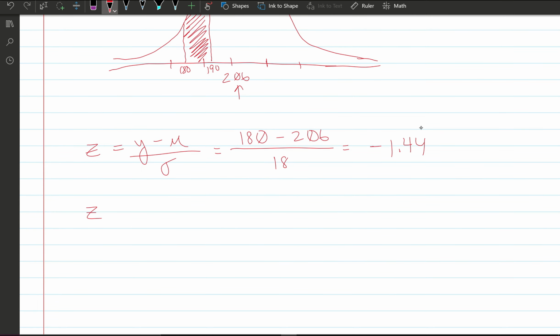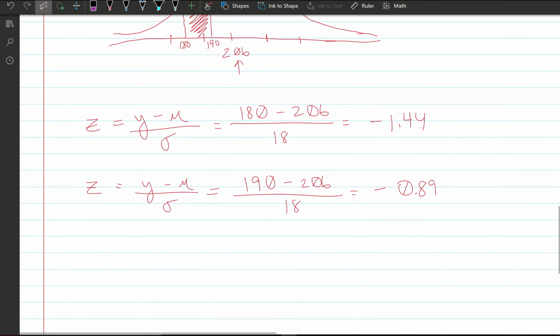I do the same process to find the z-score for the other value. The other value was 190. Remember, we're doing it between 180 and 190. So 190 minus the mean of 206 divided by 18. Crunch these numbers and we get negative 0.89.